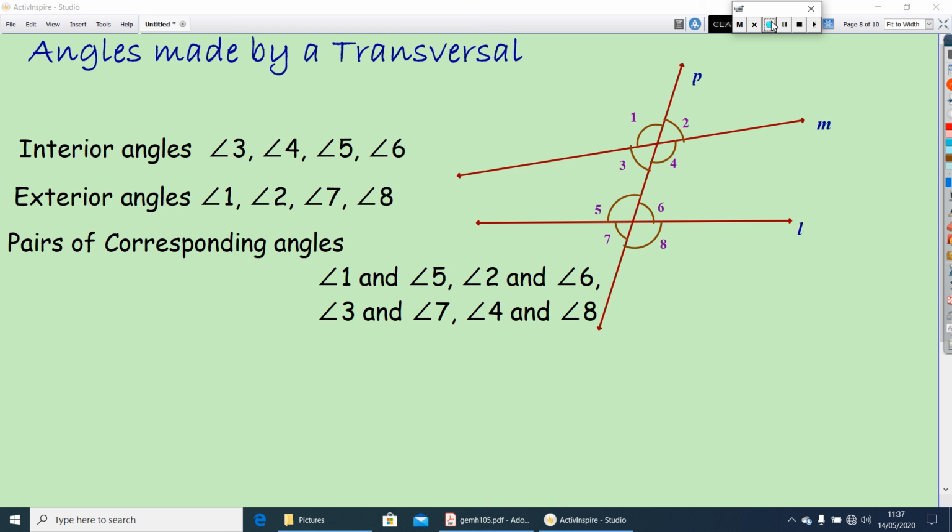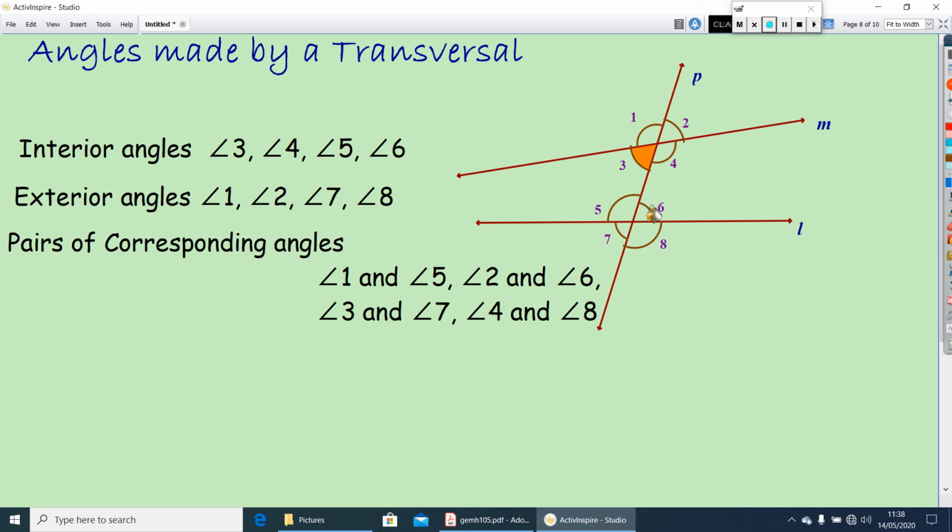Now find out the pairs of angles having different vertices, lying on opposite sides of the transversal, and third, in between lines L and M, that means interior. These three conditions satisfying angles, do find out.